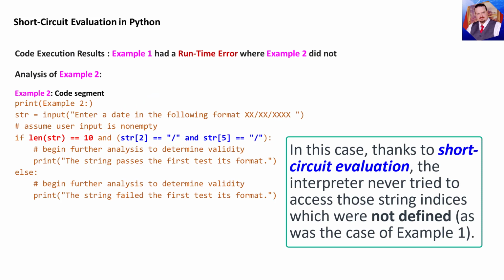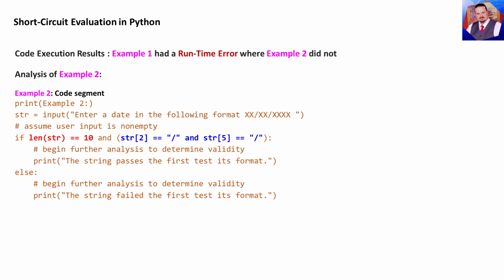Since the length of the string was 2 in that case, this condition was false. The interpreter never evaluated this code in blue, and therefore there was never a failure at the index being out of range. So this is a great example of how we were protected from a runtime error by virtue of the short-circuit evaluation of Python.